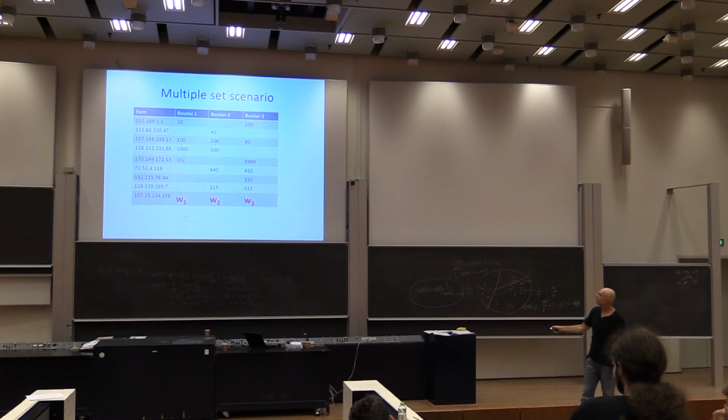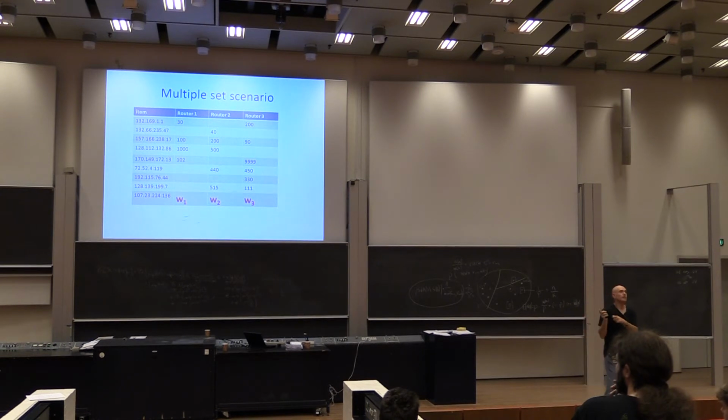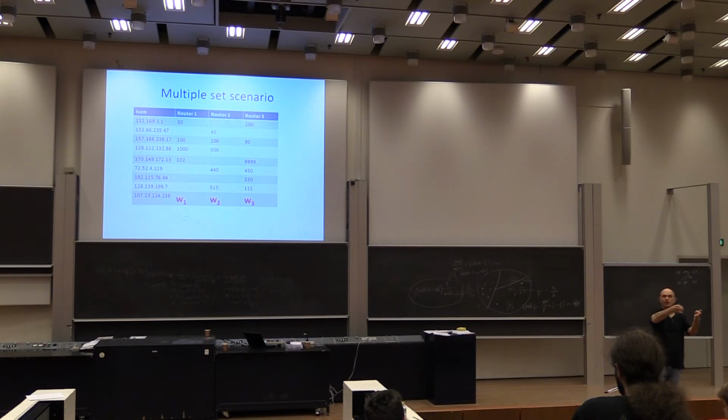Sometimes the same item has a different weight in different sets. Think about these routers, and think about the weight of an item in a router as the total flow, the total number of bytes of this particular IP address or flow that went through this router. Then the weight of the flow is not the same.